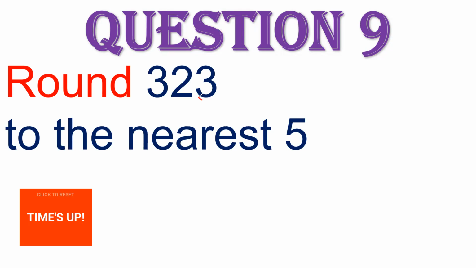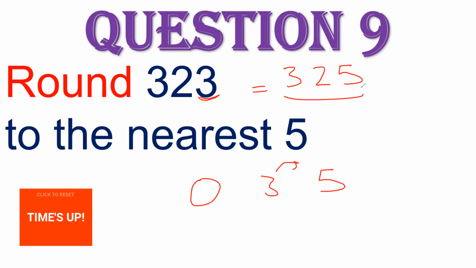Option 2, let's try. For your number, we can just use the 3 here, because you can use 0 or 5. So 3 is close to 5. You can write 325. That's another option you can use.